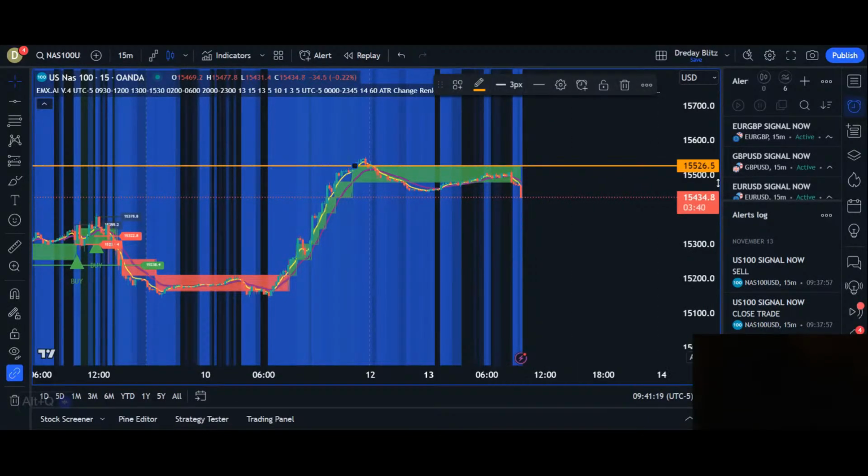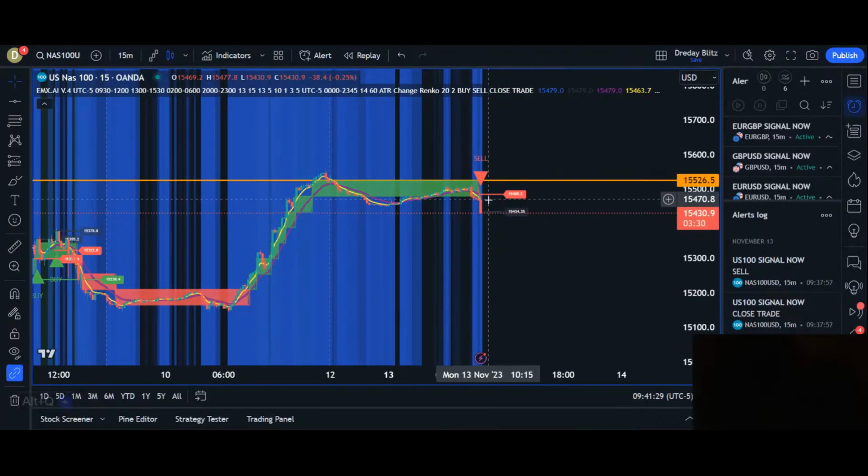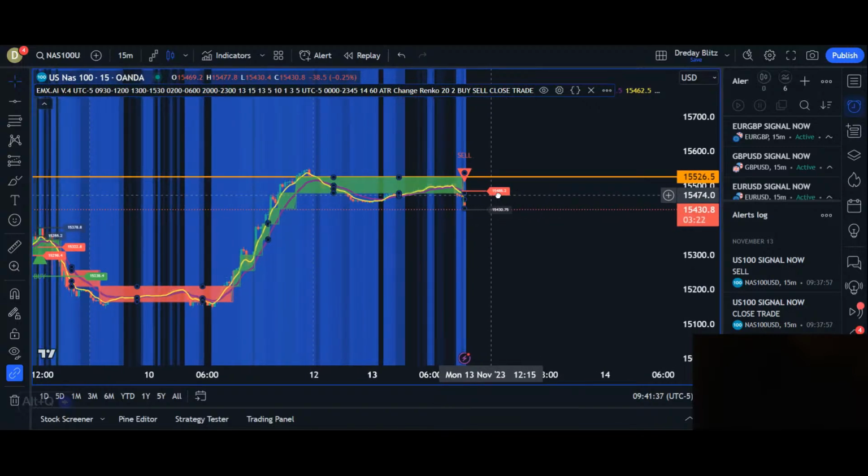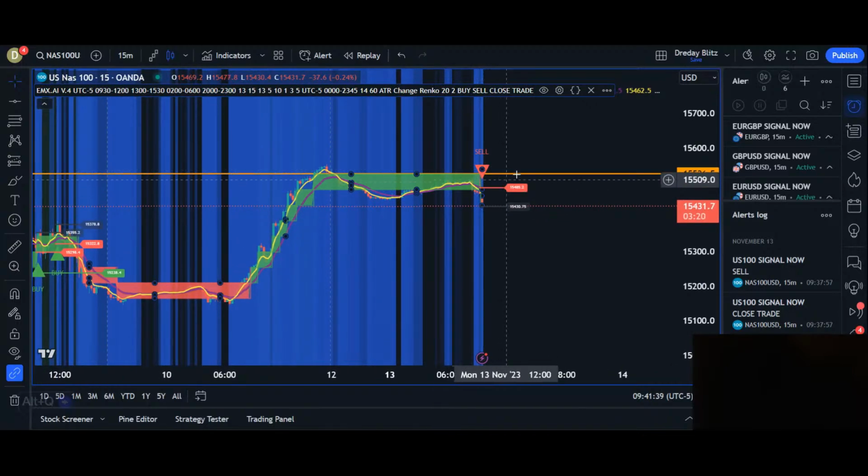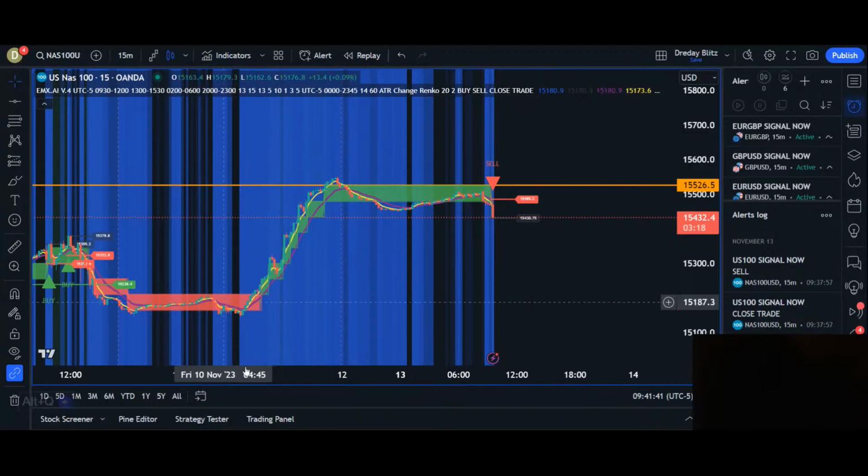This is the price of your stop loss: 15526.5, that'll be your stop loss. You should be in the trade right now. You have the price of the entry, and basically the stop loss is right here. So let me open my own broker.